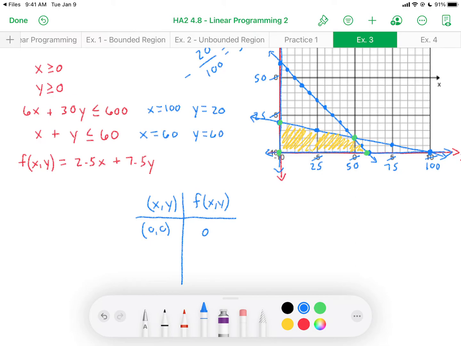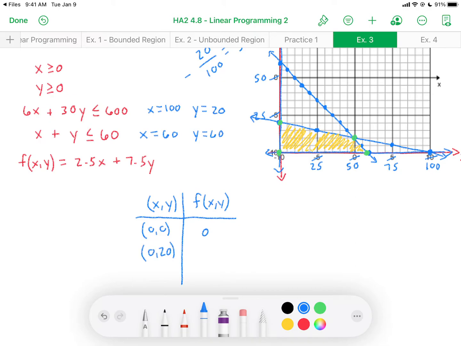Makes sense. Okay. All right, next one, let's go with that point directly above. So that vertex would be at, what are the coordinates of that? Does that appear to be 0, 20? Yeah.